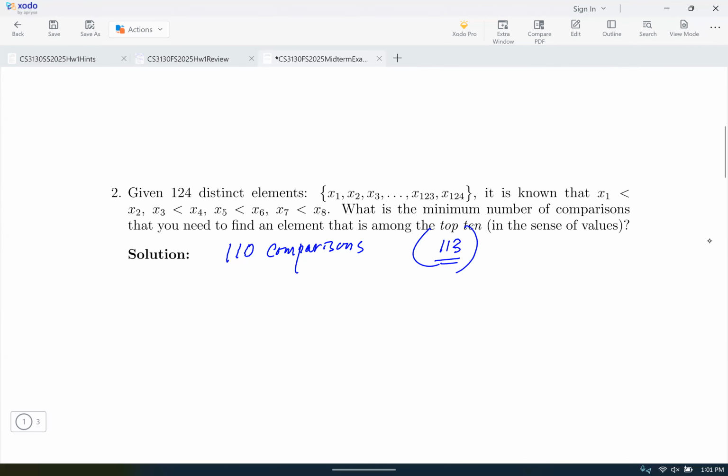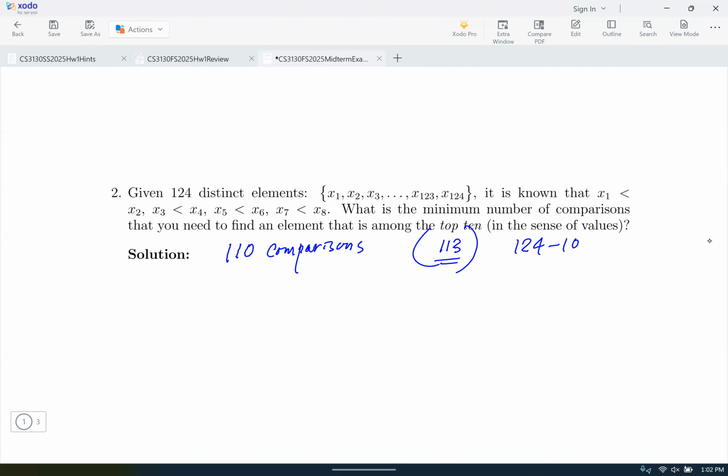So you use 124 minus 10, right? Then for some reason, minus another 1. Quite some students got this one.